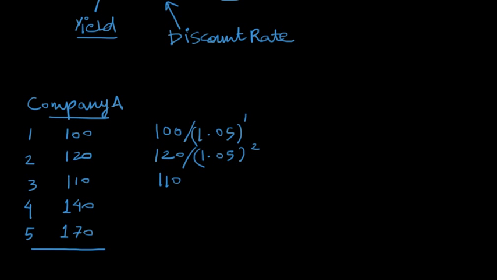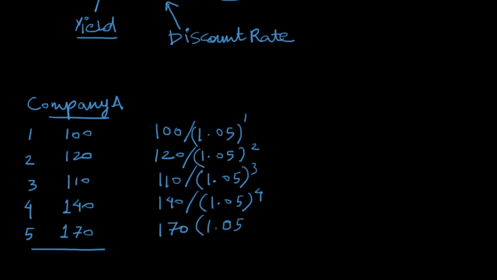Similarly, the third year cash flows we discount simply by 1.05, the discount rate, raised to 3. The fourth year is 140, discounted by 1.05 raised to 4, and the fifth year is 170, discounted by 1.05, the discount rate, raised to 5.